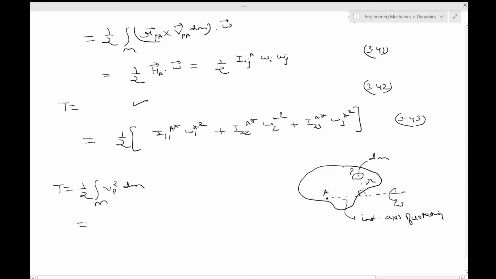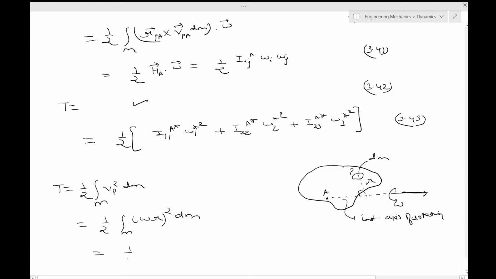Okay, and then this would be half integral of omega r whole square dm, omega r is shown over here, omega is also shown because this is instantaneously rotating about this axis.